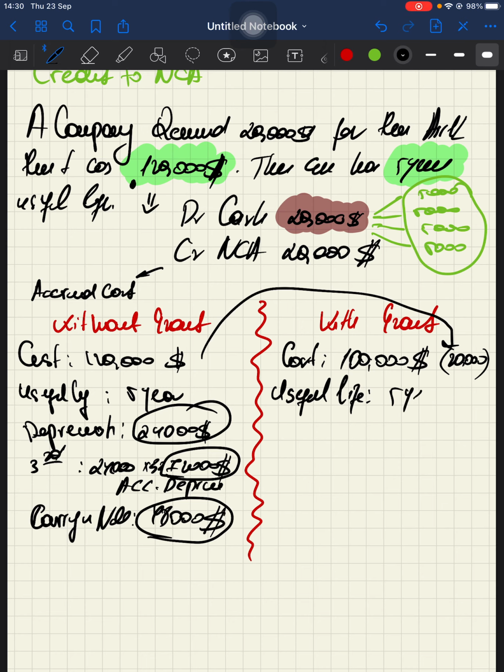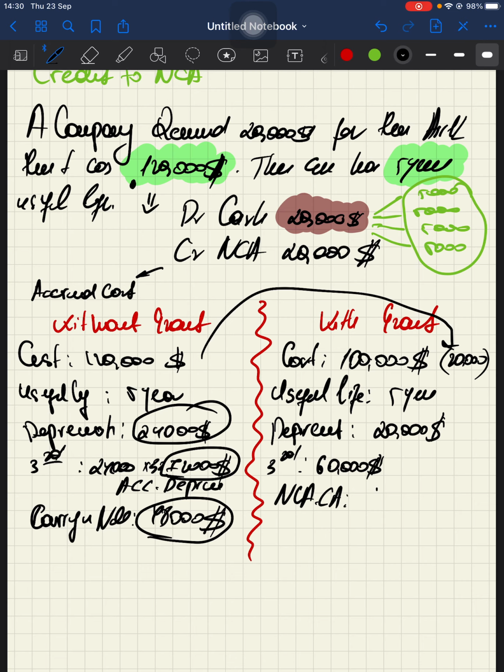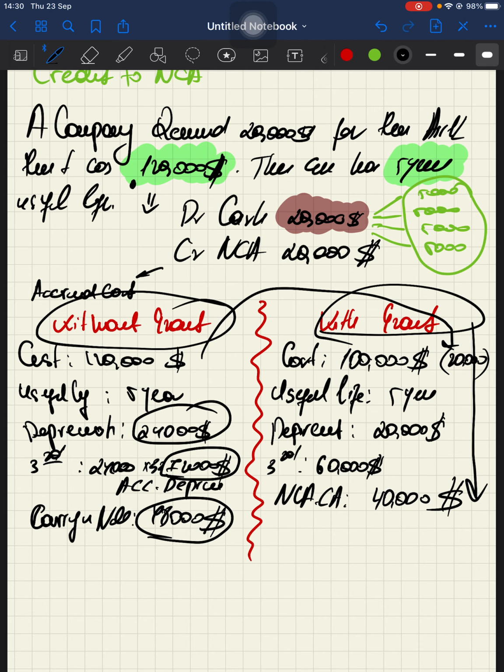Useful life is again 5 years, but here we will have depreciation of $20,000 annually. At the third year end we should have $60,000 of accumulated depreciation, and our non-current asset carrying amount should be $40,000. So with the government grant we have 40,000, and without it we would have $48,000.